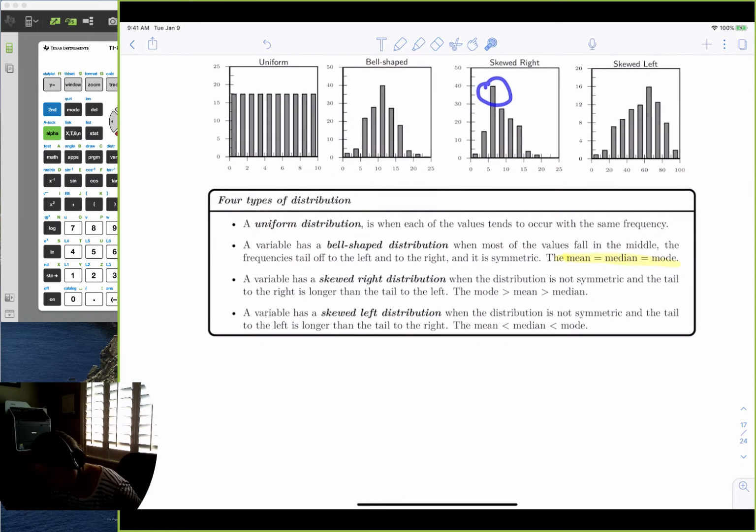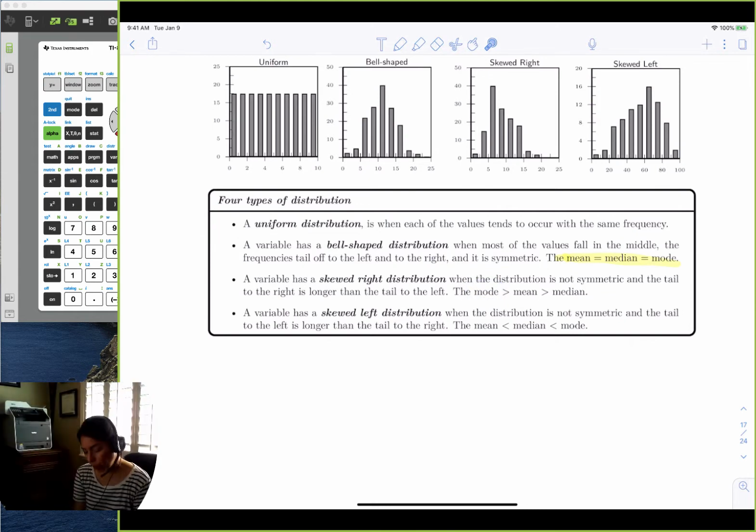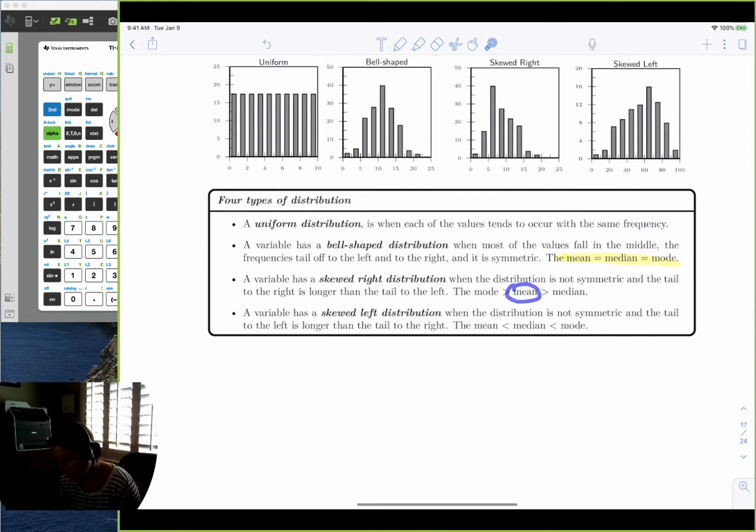And so the mode is the greatest value, meaning that you'll find in quantitative data what is most frequent. The mean is the middle value, and then that mean will be greater than the median. So the median will be the smallest value.